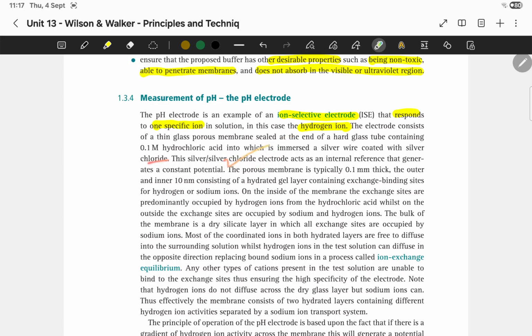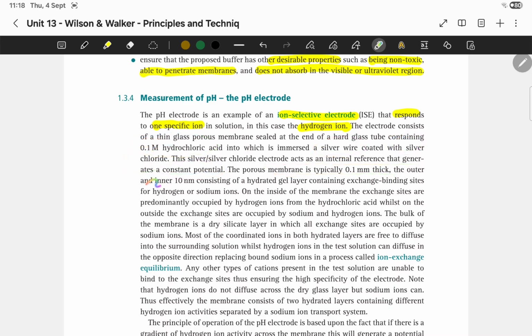The silver chloride acts as an internal reference that generates a constant potential. The porous membrane is typically 0.1 mm thick.